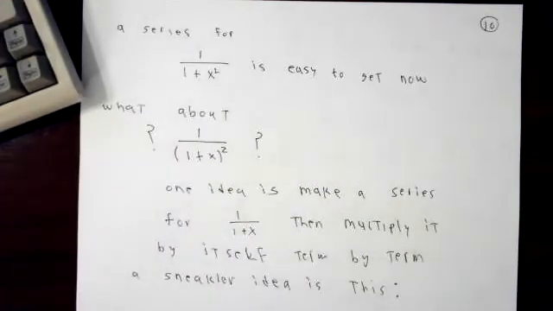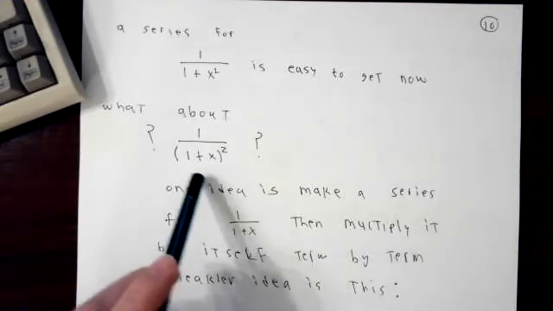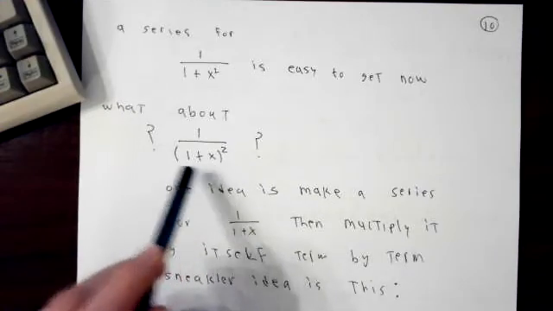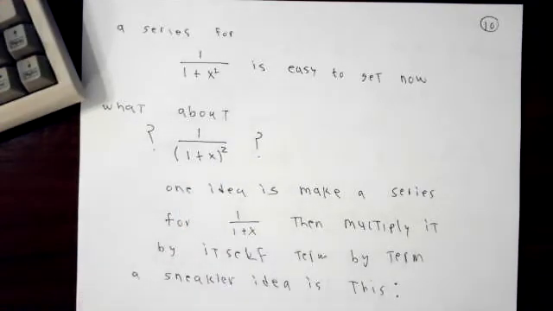In the first one, the one that we know how to deal with, on the bottom of the fraction, you square the x and then add 1 in. And in this one, you add 1 and x together and then square the result. That is not one of these 1 over 1 plus something problems. There's several ways we could go about getting a power series for this, but one is to be tricky.